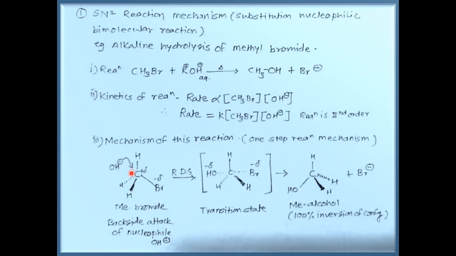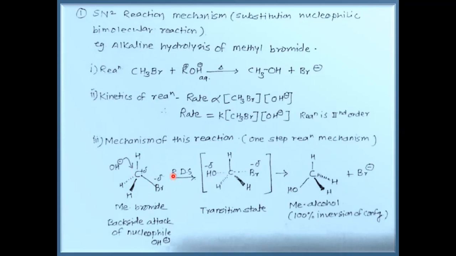Why backside? Because in the front side there is bromine, which is the leaving group, and it will leave after OH attacks. If OH tried to attack from the front side, bromine and OH, both being negative, would repel each other or be sterically hindered. So the nucleophile better attacks from the backside.